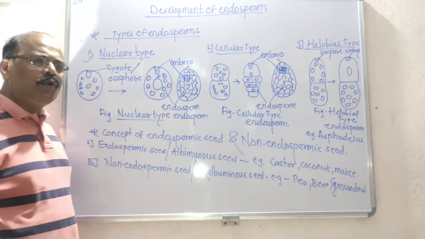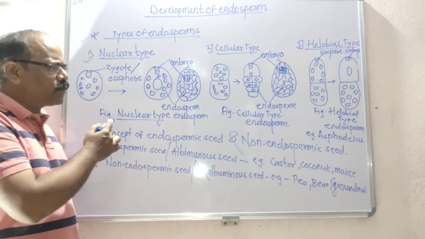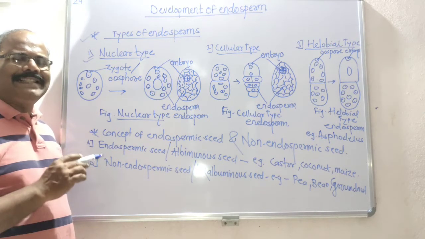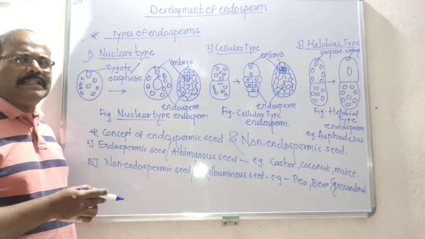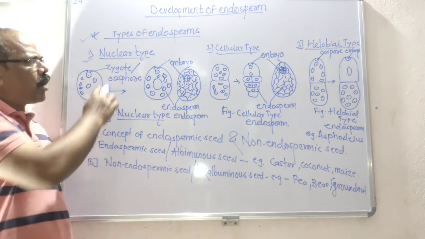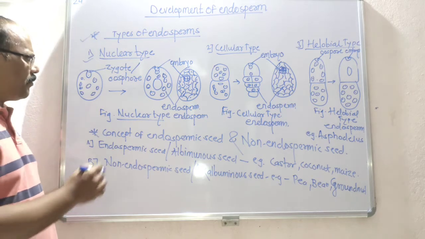This nuclear type of endosperm is the most common type of endosperm. It is found in 161 angiospermic families. What happens in this type?